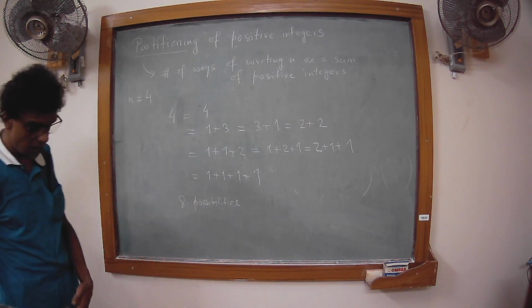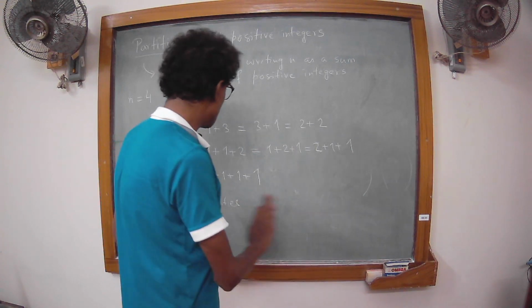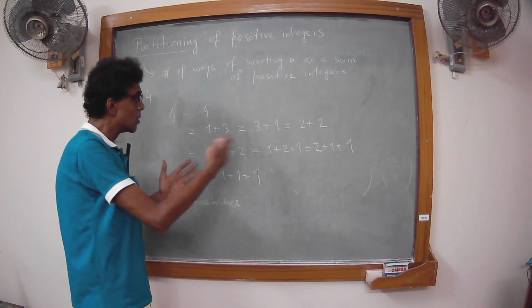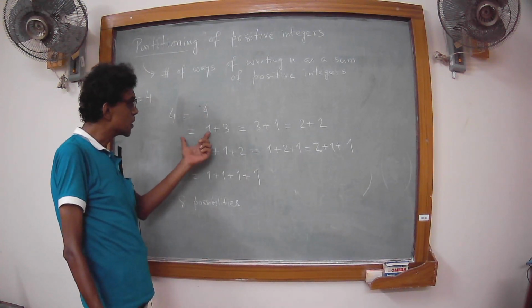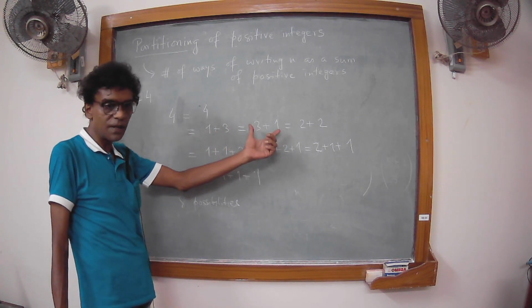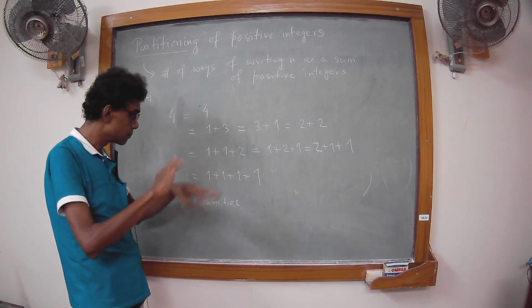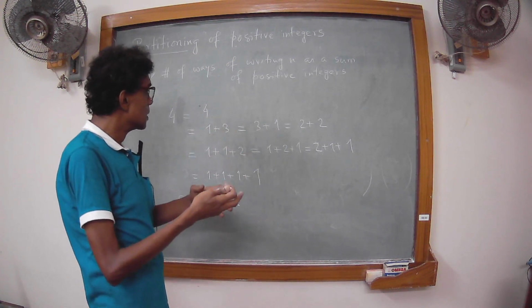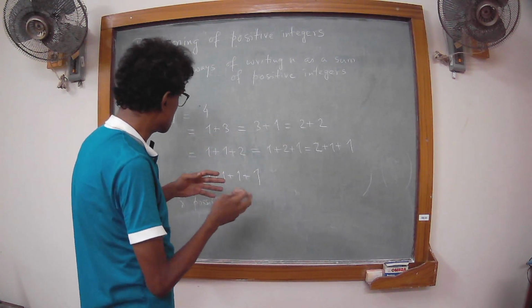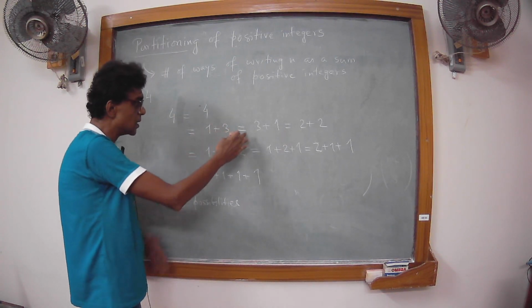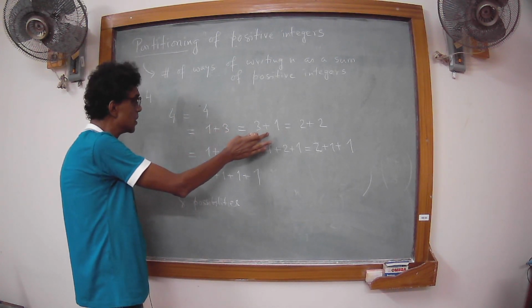So here I am talking about ordered sums, because in 1 plus 3 and 3 plus 1, the summands are essentially the same. But if I just permute the summands, I say that this is a different way of writing 4.